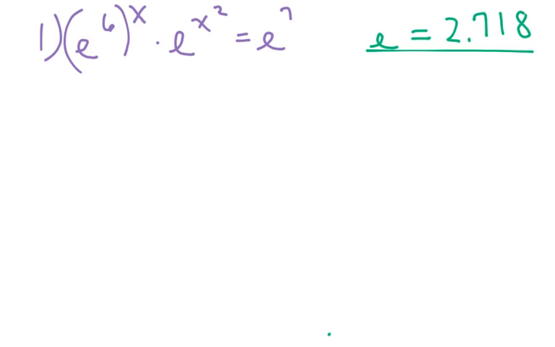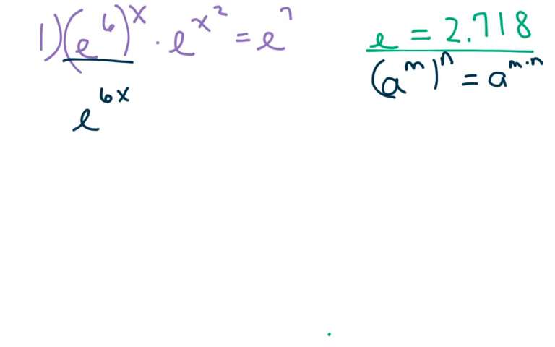And notice that anytime you have a to the m, to the n, that equals a to the m times n. So this one is just going to be e to the 6x, and then we'll write this out.